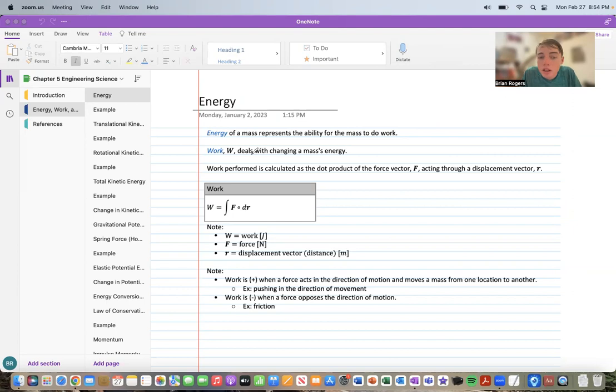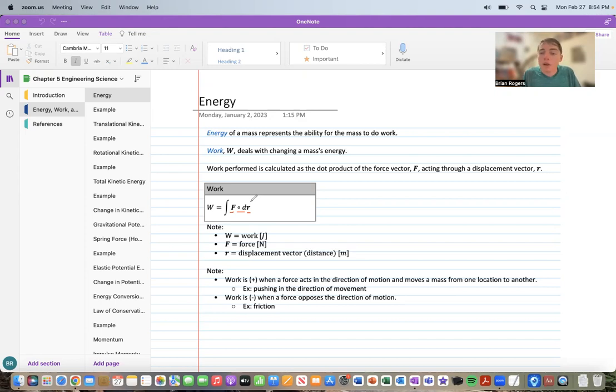So work deals with changing a mass's energy. And so we're going to see work is performed by taking the dot product. So here this represents the dot product of the force vector acting through displacement vector. And so what you're going to notice is work is measured in units of joules, and our force is measured in units of newtons, and our displacement vector is in units of meters.